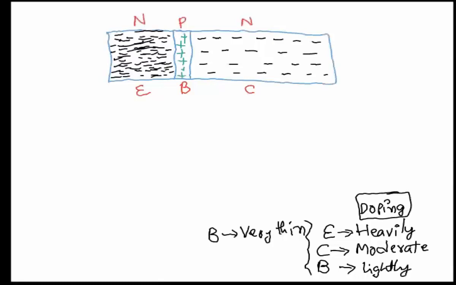In order to have a current, the junction should be what? What should we need to do? You're already forming a junction. The emitter and base were already together. You form a PN junction, correct? So how does a PN junction allow the current? Under what condition?